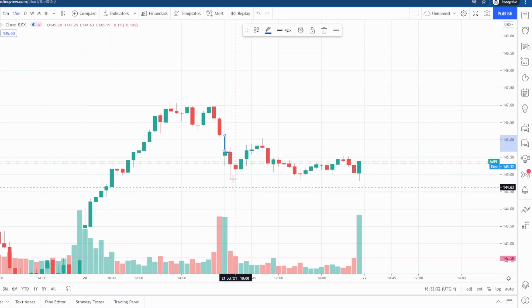But it just crashed down. So that's 146, and it went all the way down to 144.30. It would have given you more than enough. The minimum requirement is 1%, and you're looking here at $1.50, $1.40, and that's exactly 1%. So it would have given you that trade. But that's if you want to get really technical and really precise about things. Those opportunities are there for you.